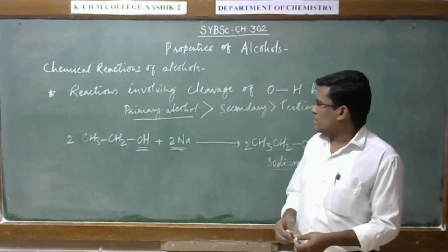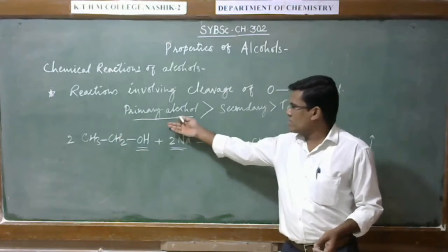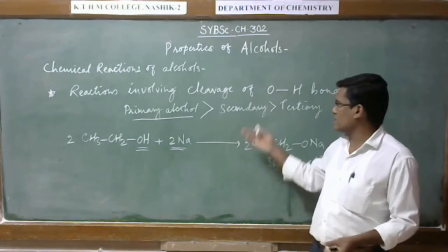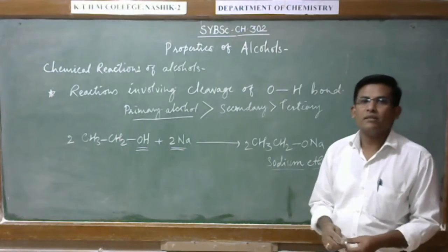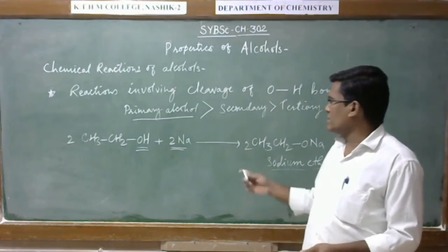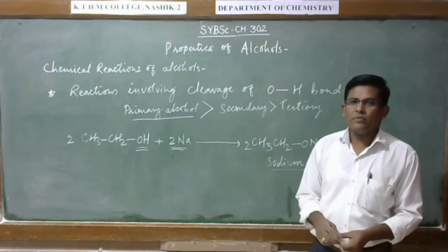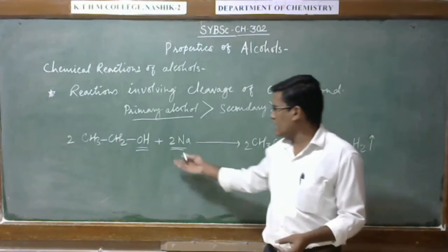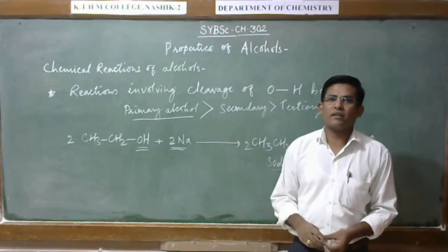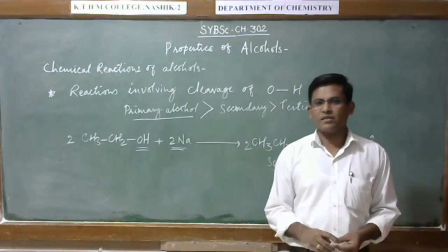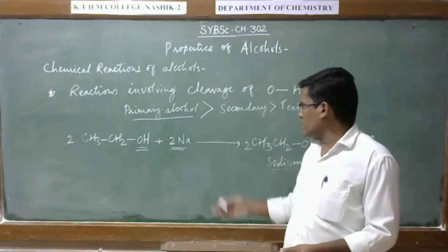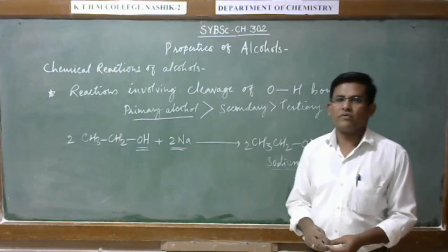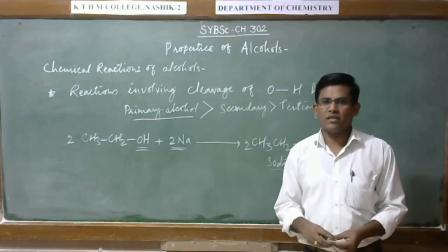The reaction follows the order: primary alcohol rate is more than secondary and then tertiary. In this reaction alcohol behaves as a weak acid. When it reacts with an electropositive metal like sodium, magnesium, calcium, it generates a metal alkoxide along with the liberation of hydrogen gas.